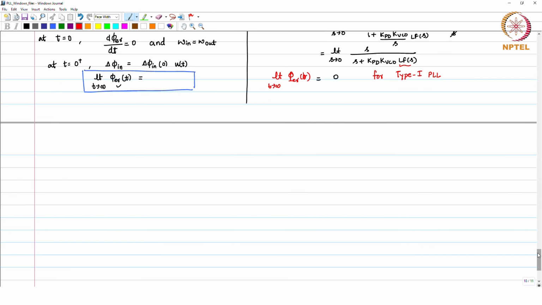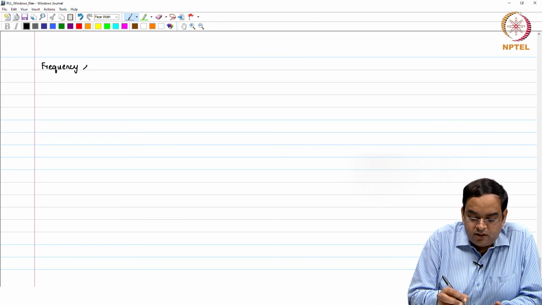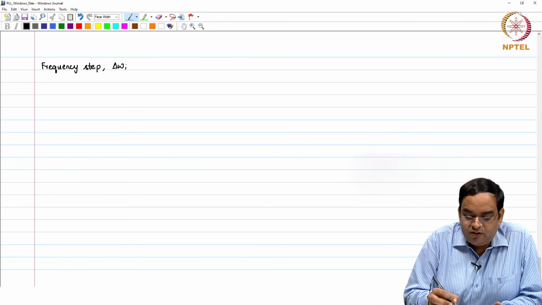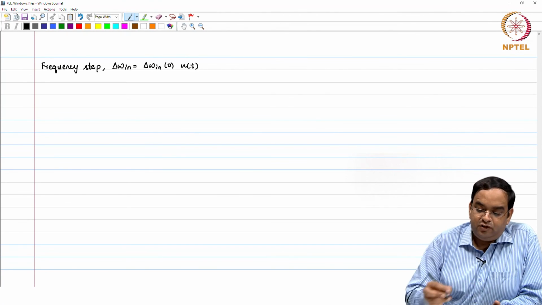Now, with this phase step, let us see if I apply another change, which is a frequency step. When we apply a frequency step to the PLL, here I am going to apply a frequency step where delta omega n is equal to delta omega n 0 times u of t, a step at time instant t equal to 0.